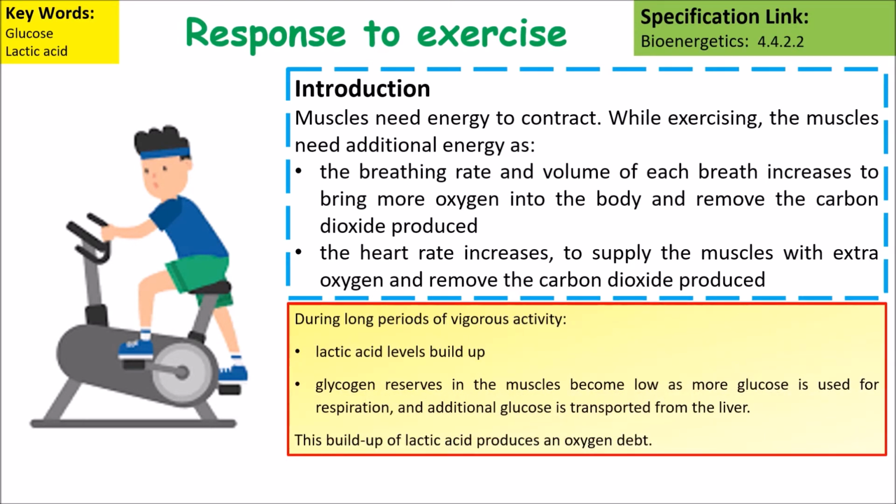During long periods of activity, lactic acid builds up. Glycogen reserves in the muscles may become low as more of the glucose is used for respiration, so it's broken down. In addition, glucose is transported to the muscles from the liver.